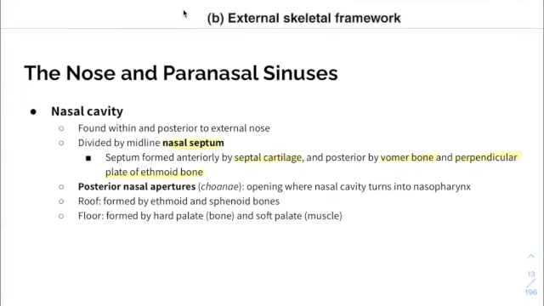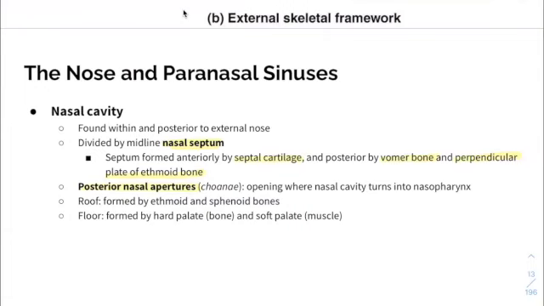We have posterior nasal apertures, or choanae. This is where the air is circulated through to help warm and moisten that air before it gets breathed into your lungs.